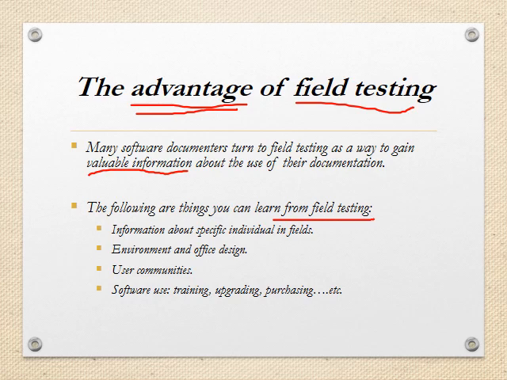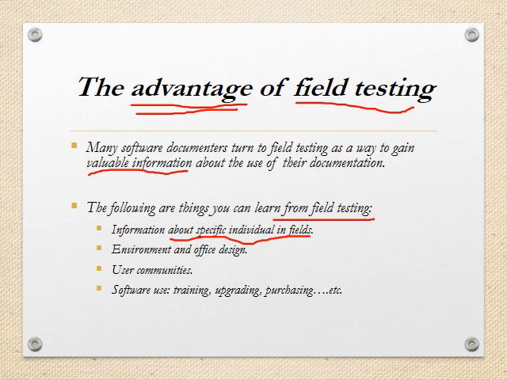First, the type of information that we gain is information about the specific individuals in the field: their age, their gender, their education level, their expertise.